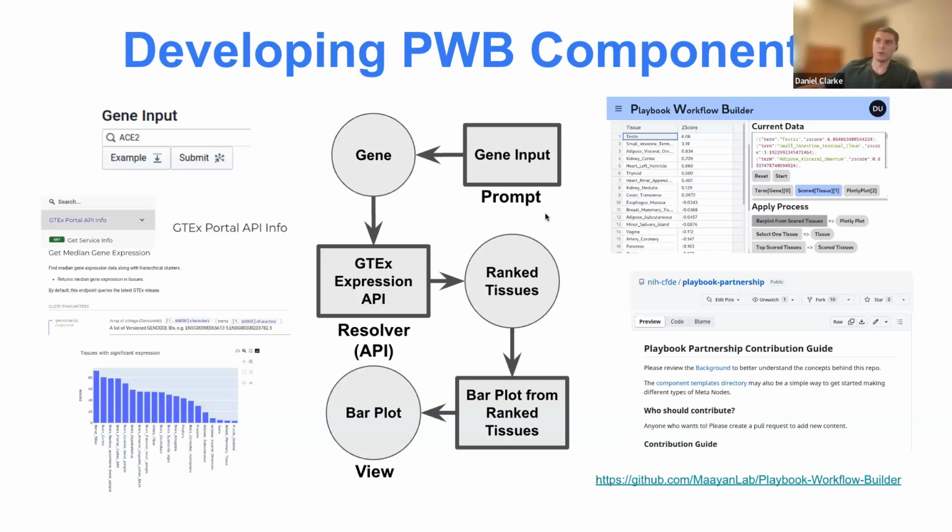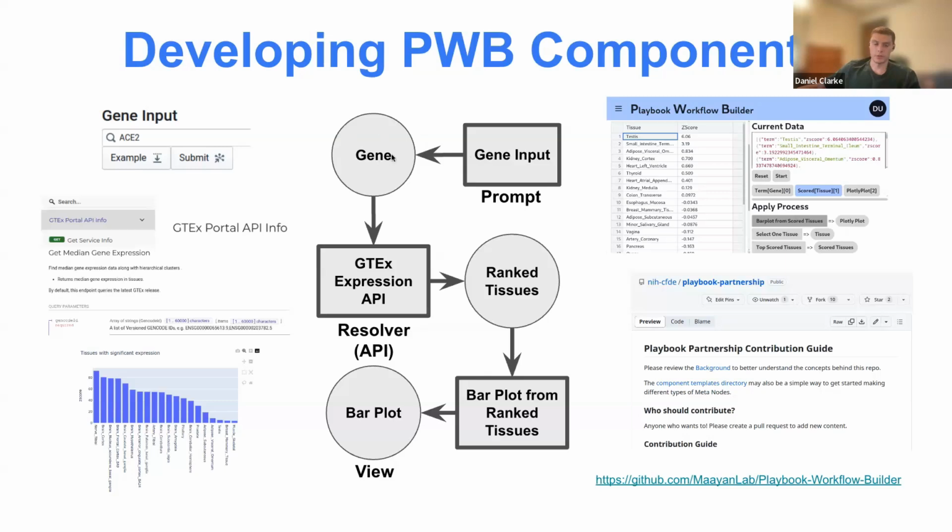So this is a component that may or may not take user input, but will produce some data type. For instance, gene input will produce a string that is representing a gene. So this gene is its own type, referring to a gene symbol, and the gene input is its own component, which handles this input form.